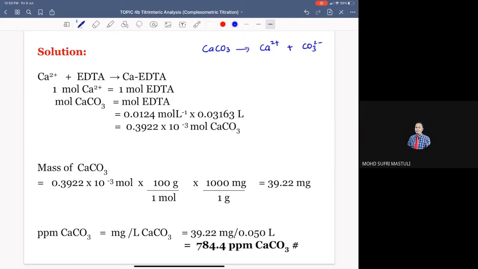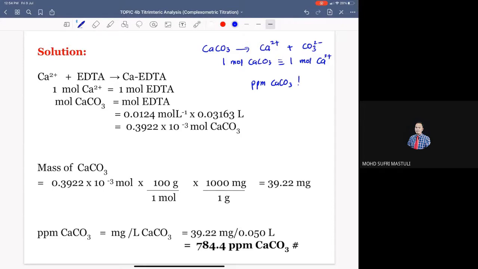In this case, 1 mole of calcium carbonate is related to 1 mole of Ca2+.